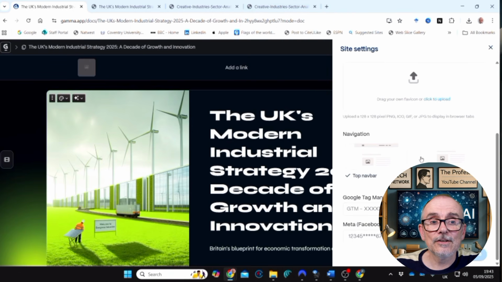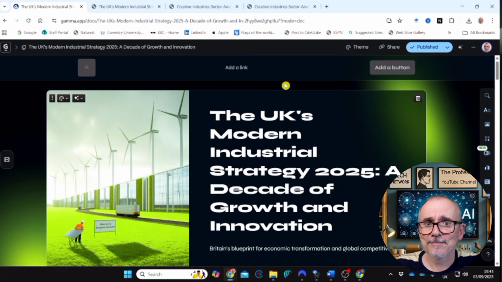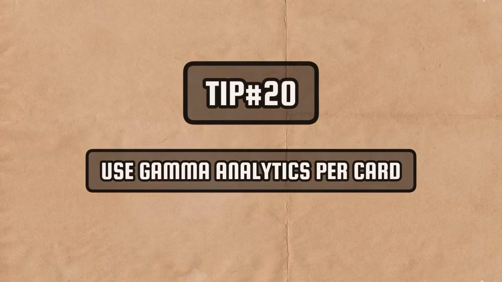You can have navigation with a nav bar or no nav bar. You can connect Google Tag Manager, and you can put Meta Facebook Pixel on. Loads and loads you can do to customize your website directly from Gamma. Let's move on.